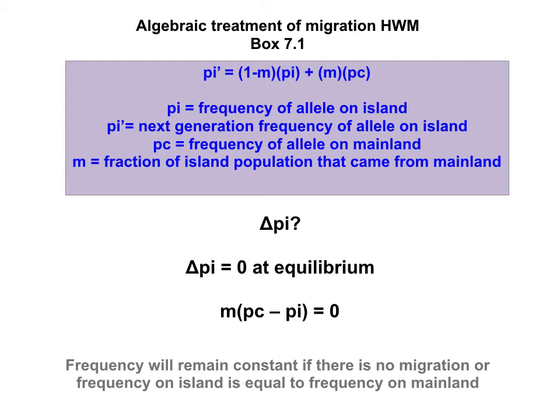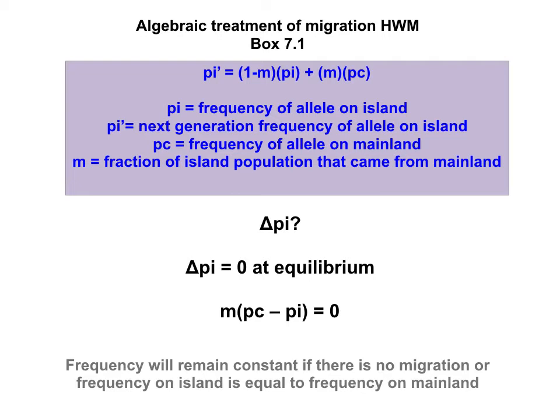That's going to go up if you have a large immigration rate m, because it's going to be influenced by the allele frequency in the continental population. 1 minus m means that that's going to diminish the input of the native island population on the frequency of the next generation.